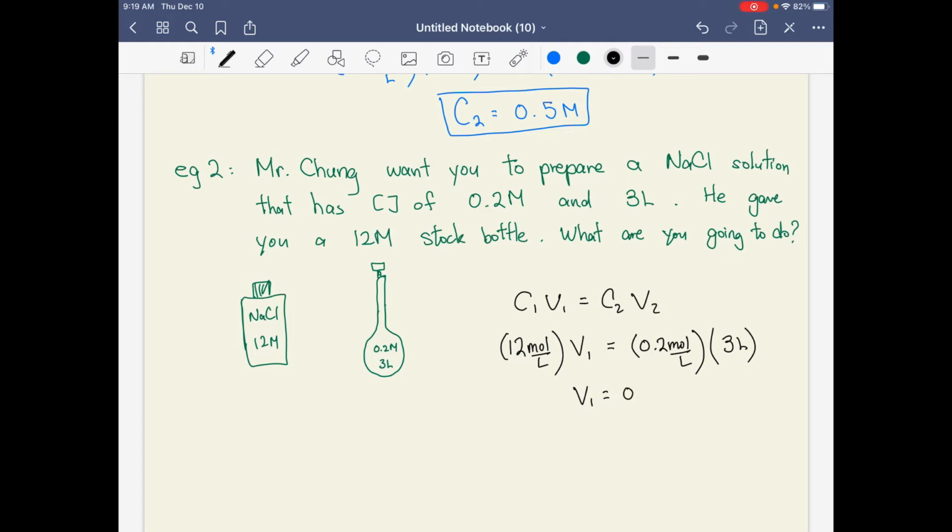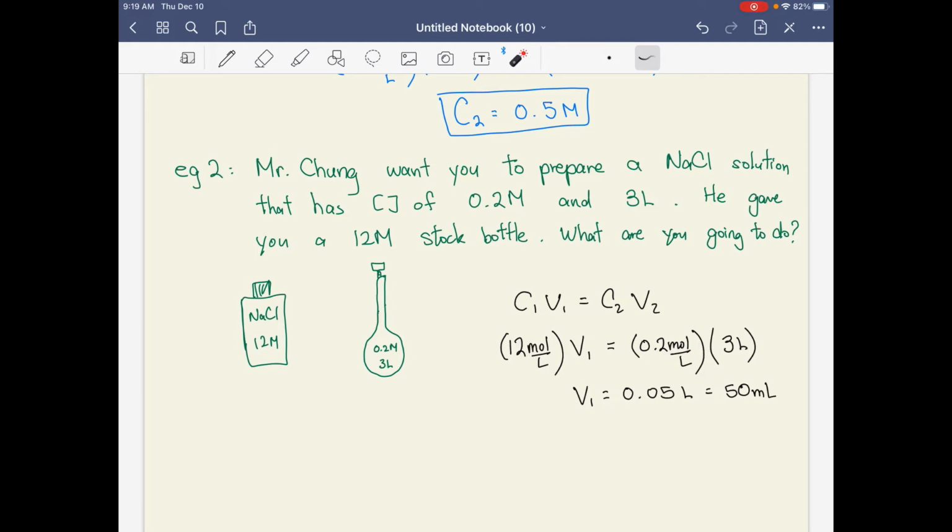It's not like I can do this in my head. So the answer is 0.05 liters, or you can say 50 milliliters. That's better in terms of accuracy when you're actually measuring something like this, because you will use a graduated cylinder given to you in milliliters. This is a good answer.